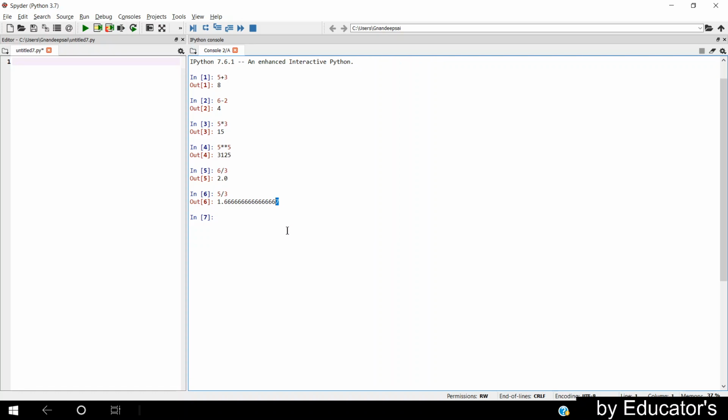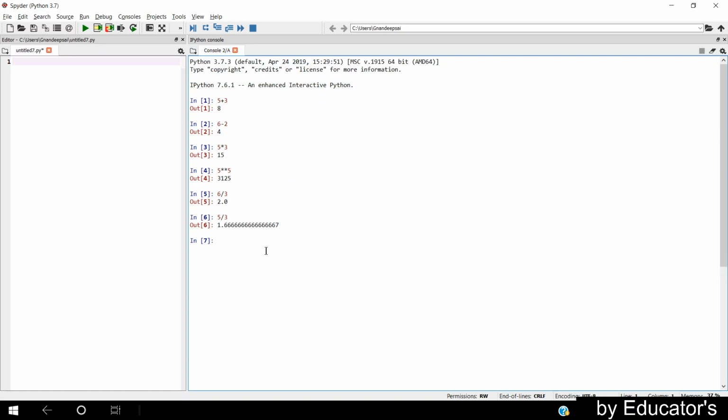The reason is it's an approximation. Actually, it is not the actual answer. I'll show you another example. See, 2.33333 and 5. So we can tell it's not so precise in these decimals. It is very good with whole numbers, but a bit imprecise in floating point or division decimals.